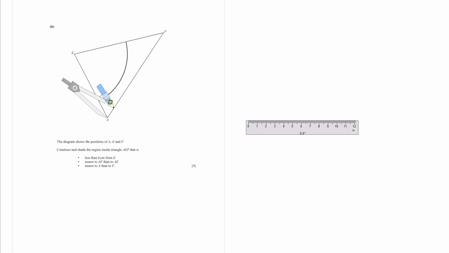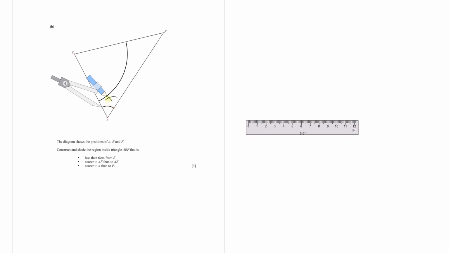So this will be my arc from AF up till AE. Then without changing the length of the compass, position your compass on the point where the arc intersects the line, and then draw another arc like this. And then again, without changing the length of the compass, position it at the other point where the first arc intersects the other line. So this will be that point. And then I will draw another arc like this.